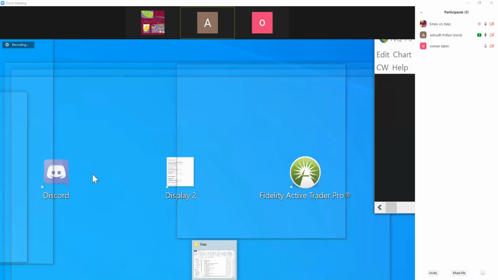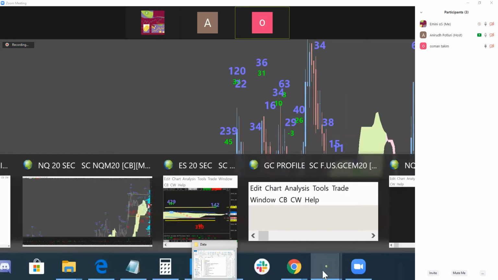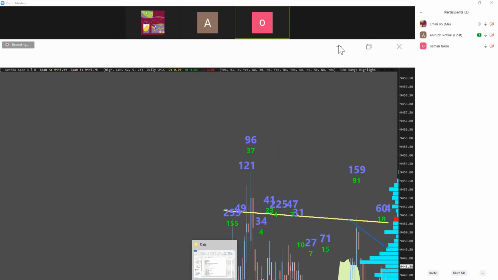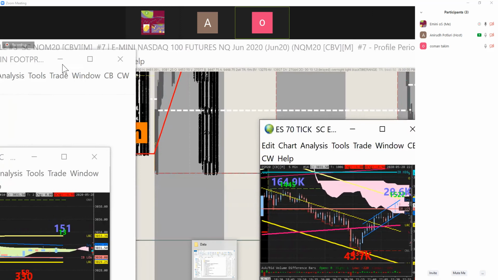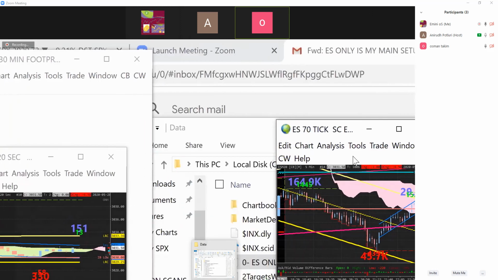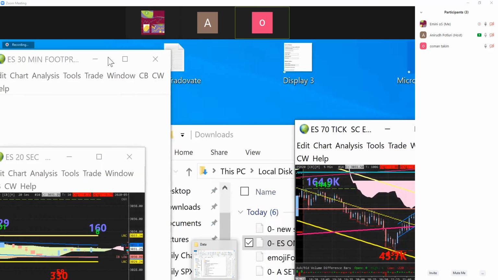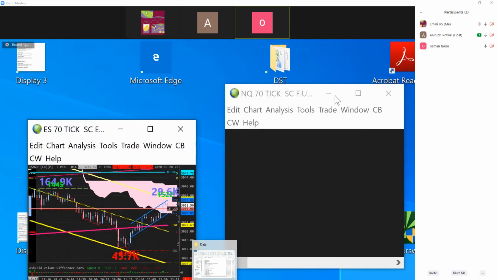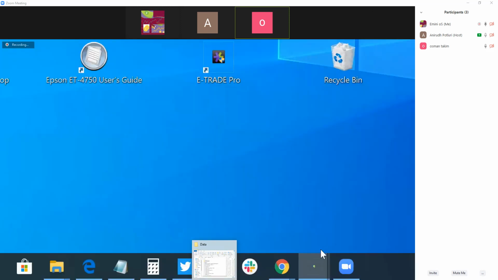It probably went to one of your screens, or maybe just minimize Sierra. It might be behind it. You got it? So you basically separated that chart from the main Sierra chart platform.